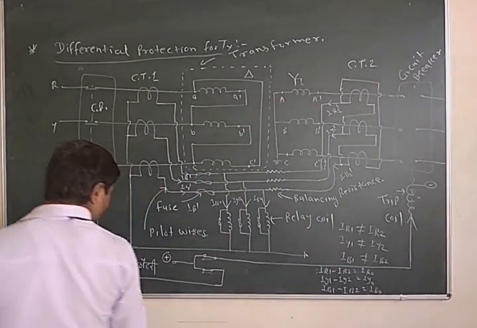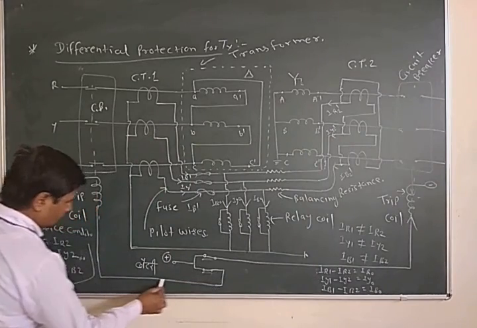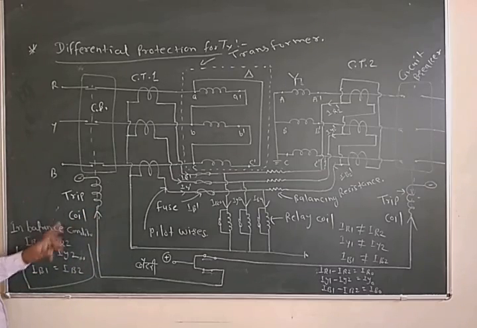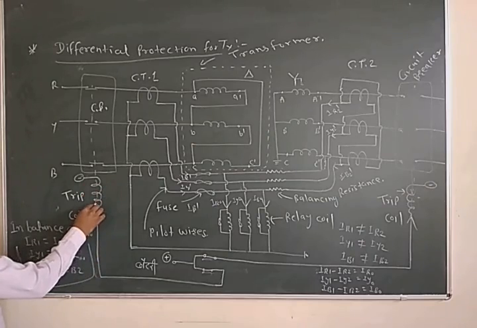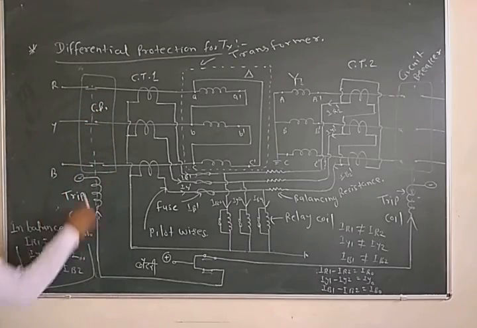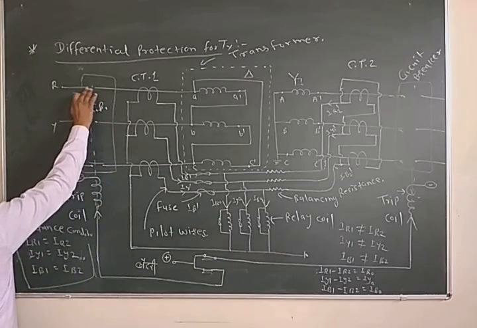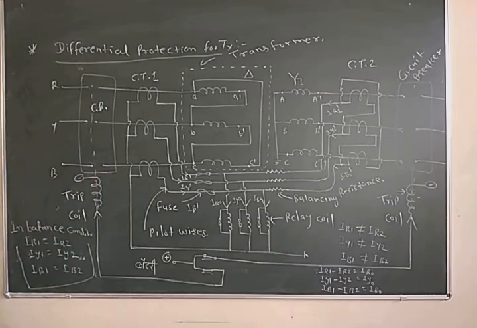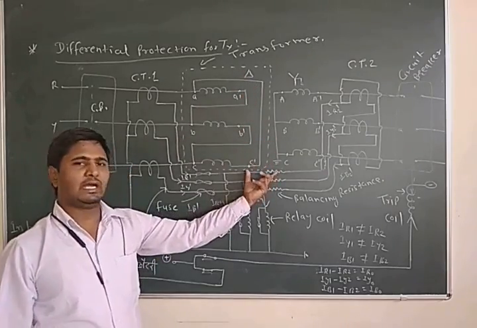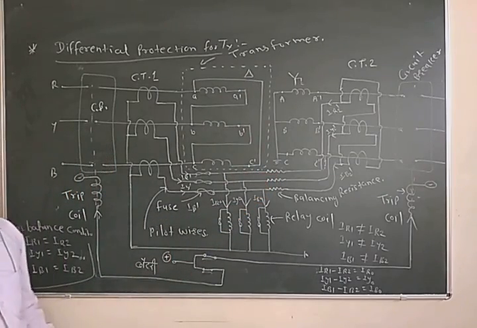Similarly, the relay operating coil or trip coil of the circuit breaker at the primary end will also be energized. This coil pulls the plunger at the primary side, due to which the contacts of the circuit breaker open. Now the device which we protect using differential protection has been isolated from the rest of the system. So this is the scheme of differential protection used for transformer protection.